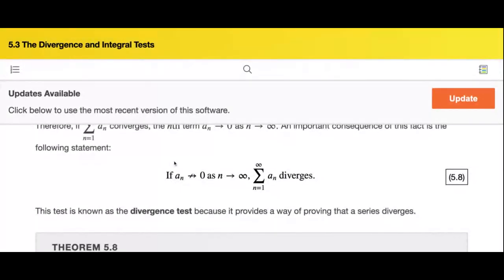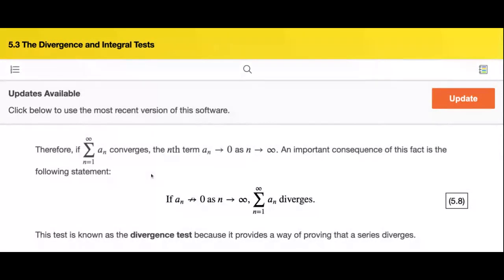It's a contrapositive, right? The original is: if this, then this. The contrapositive is: if not this, then not this.